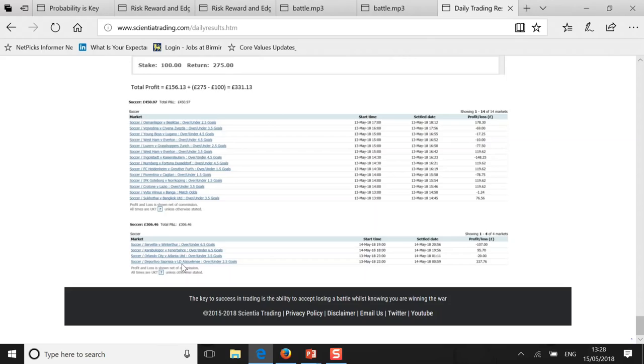And basically my response is that even though late goals is pretty much the majority of my portfolio, I always think it's good to have other arrows to your bow. And one of the arrows that I've been looking at over the last couple of weeks or so is goals within the first half.